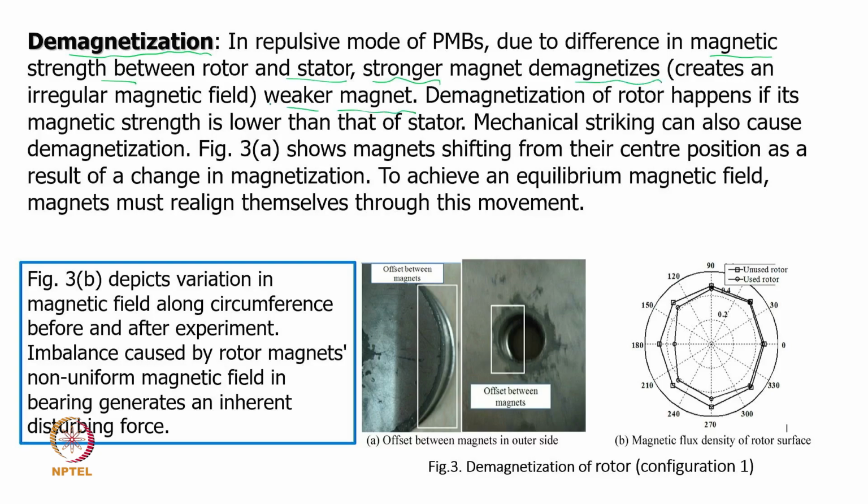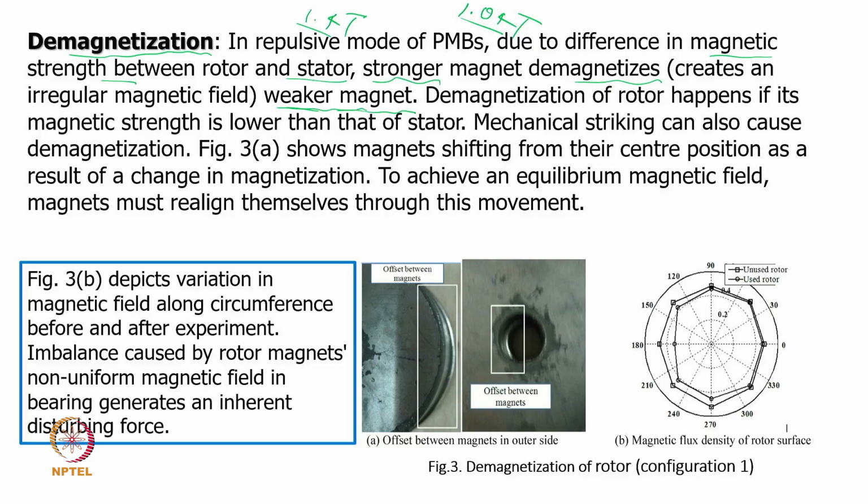In this case, we used a stator magnet which has a magnetic strength of 1.4 Tesla, and a rotor magnet which has 1.04 Tesla. This is what we purchased, and because of this, demagnetization of the rotor happened.